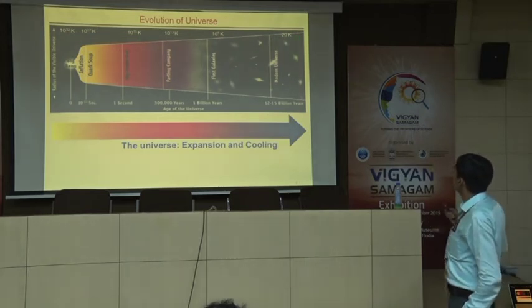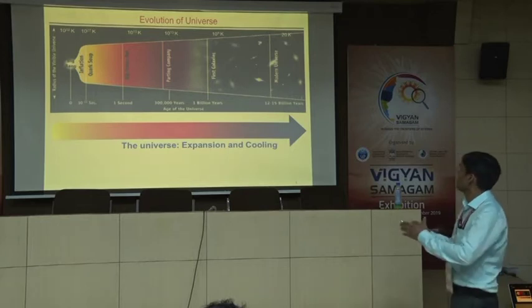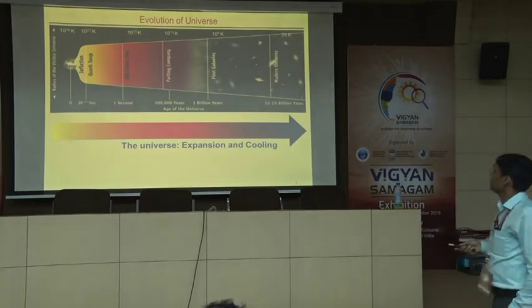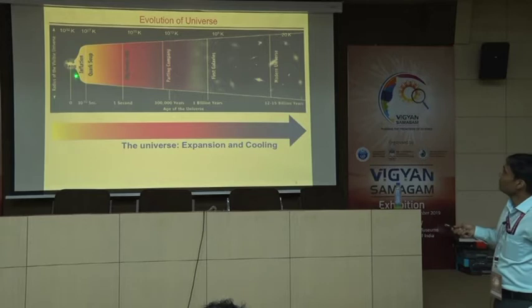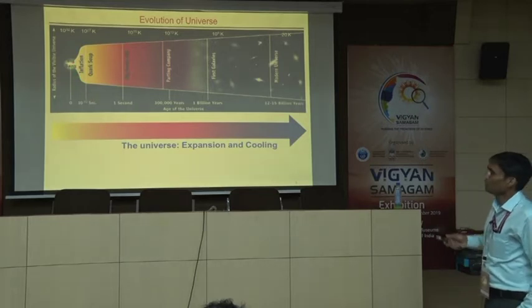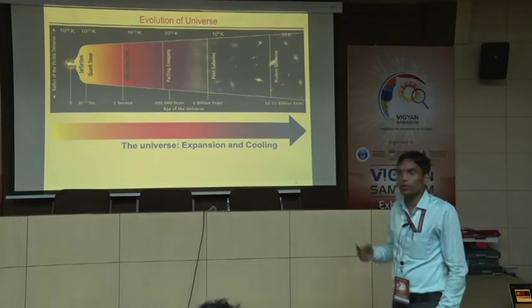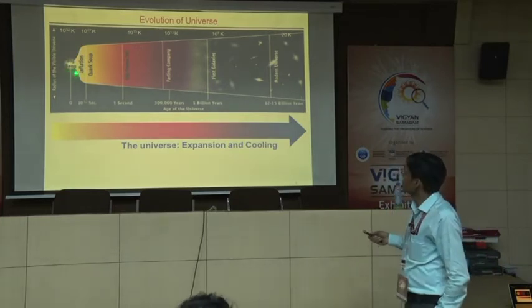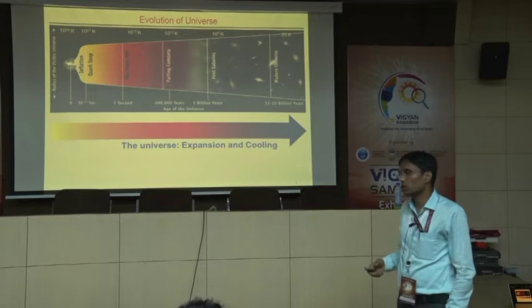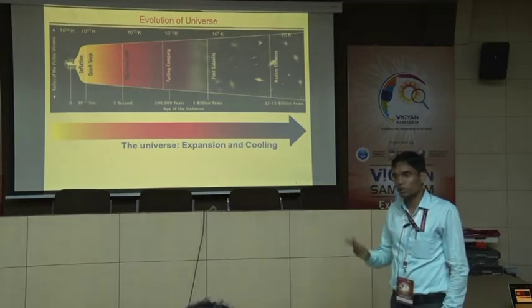The temperature went down and the universe also expanded. After the Big Bang, these are all hypothetical. We don't have any experimental evidence as such about the Big Bang, right? This state is also inflation; we don't have any experimental evidence yet.